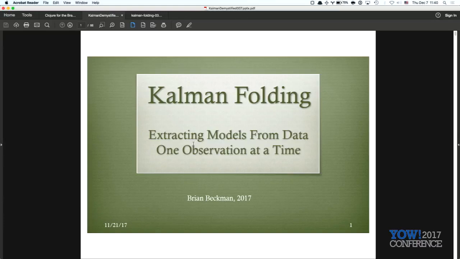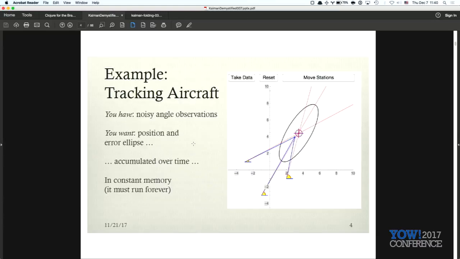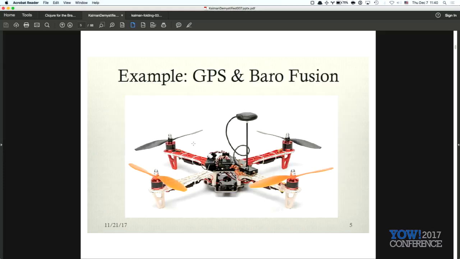Let's do some more observations. This is that example. Here are some other applications. In drones, we have two instruments on board. We have a GPS that's trying to tell us the altitude, and we have a barometer that's trying to tell us the altitude. What do we want? The altitude. We don't know it.